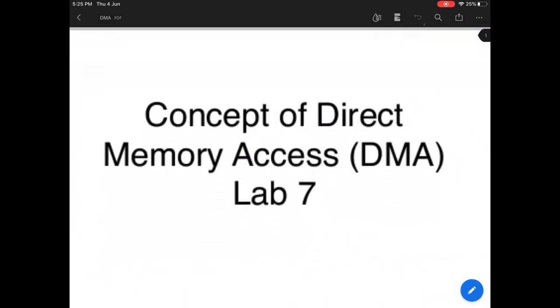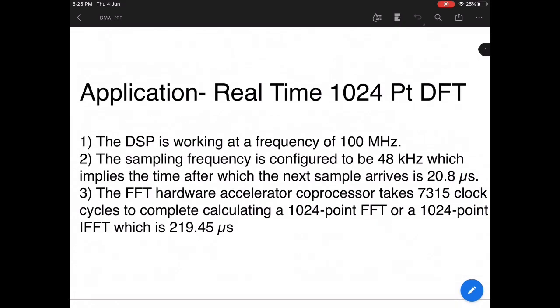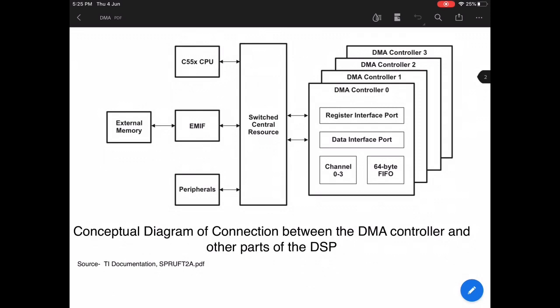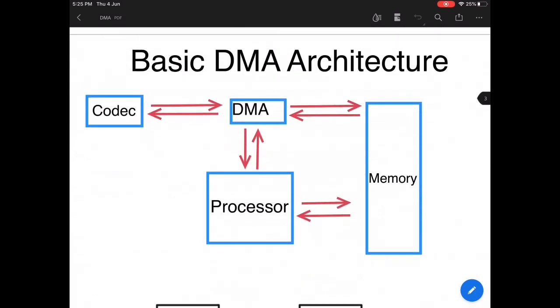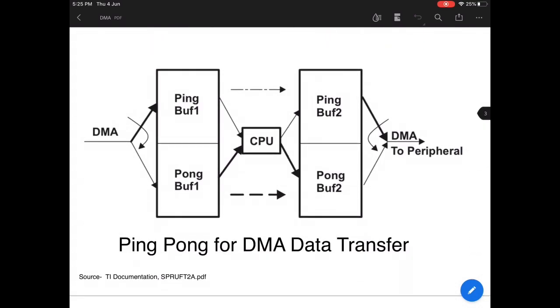In the first part we have seen the concept of direct memory access, DMA, its motivation by looking at the real time example, frequency spectrum, conceptual diagram of DMA on the TMS320C5515 DSP kit, DMA basic architecture, and how the input and output DMA buffer are divided into two parts, ping and pong.